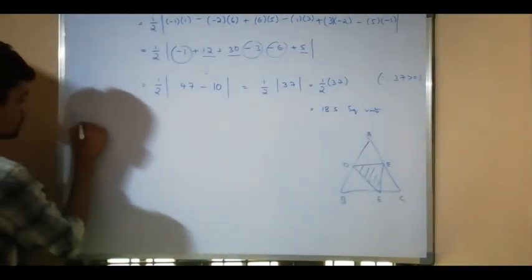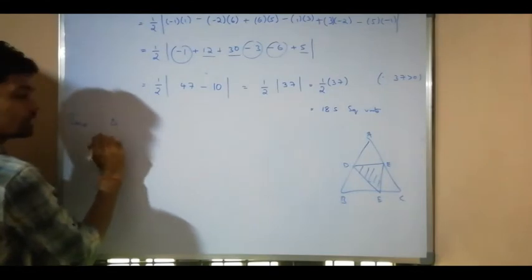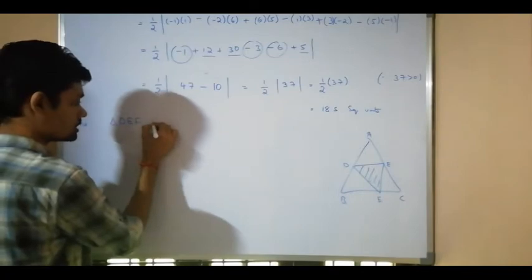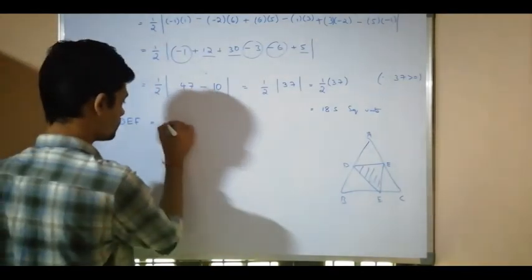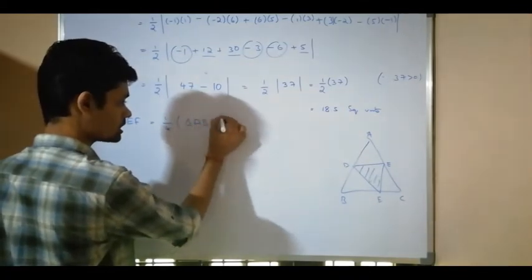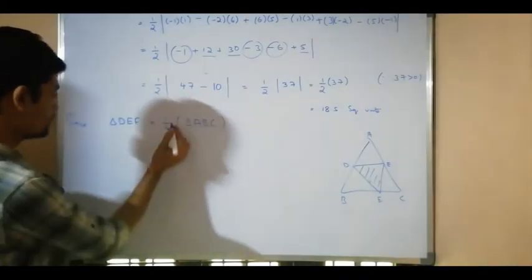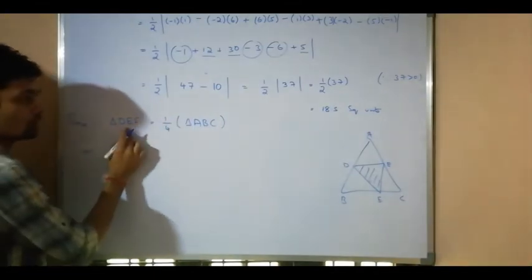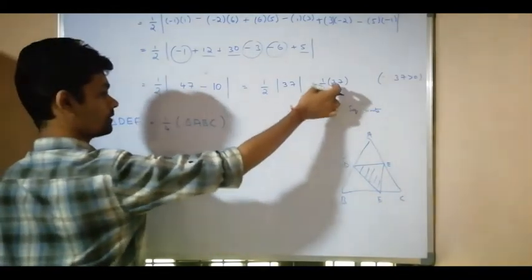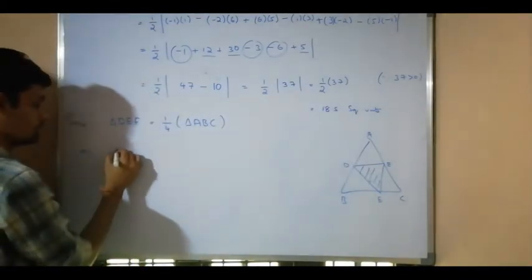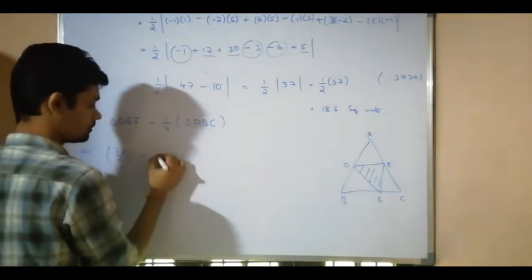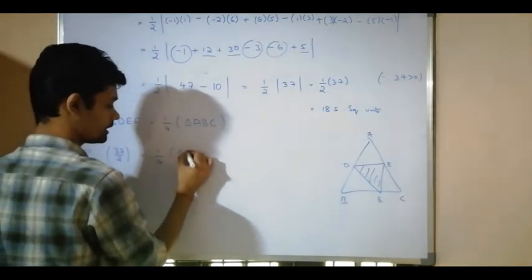Since the area of a triangle DEF is equal to 1 by 4th time of the area of a triangle ABC, just now we have discussed. Then just now we got this one as, instead of writing 18.5, I am going to write 37 by 2 is equal to 1 by 4 into the area of a triangle ABC.